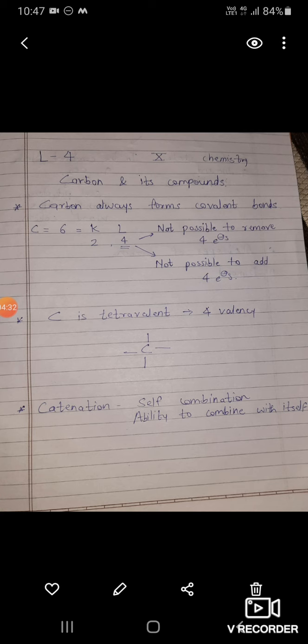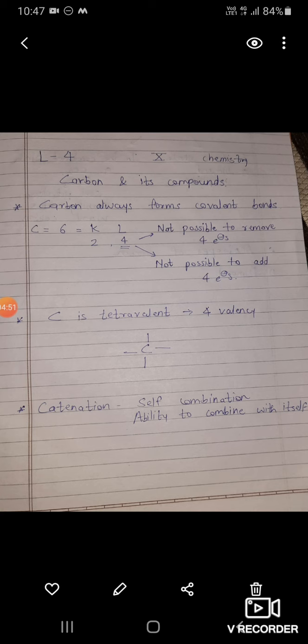Carbon is tetravalent. Second point. A carbon atom has 4 electrons in its outermost shell. So, it requires 4 more electrons to achieve the stable 8 electron inert gas electron arrangement, which it gets by sharing.